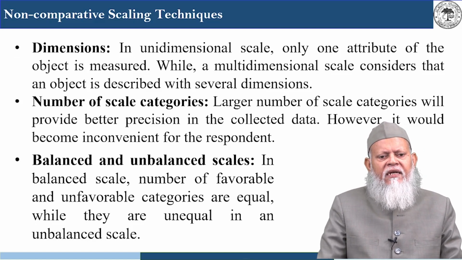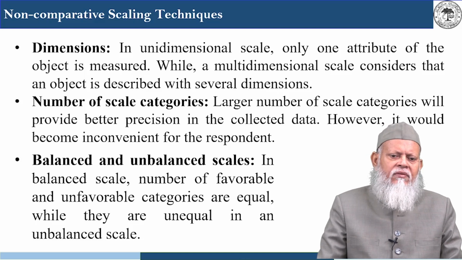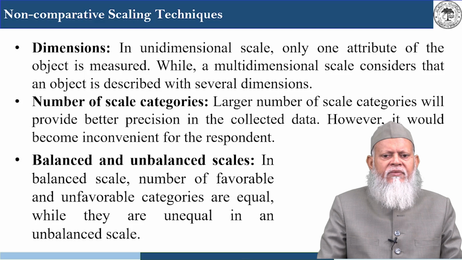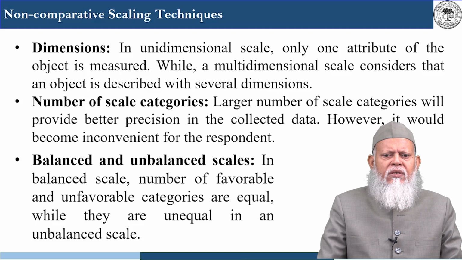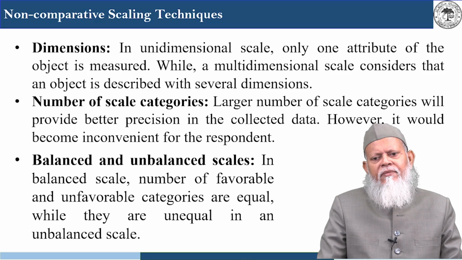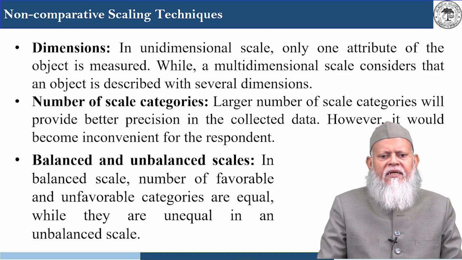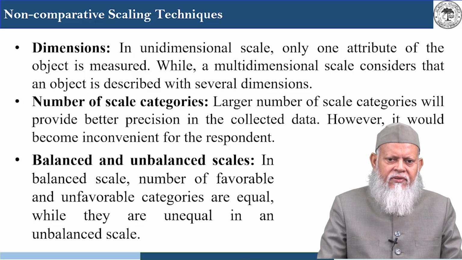So this scaling technique has some qualities which we have to discuss, that is dimensions. In unidimensional scale, only one attribute of the object is measured, while a multidimensional scale considers that an object is described with several dimensions.